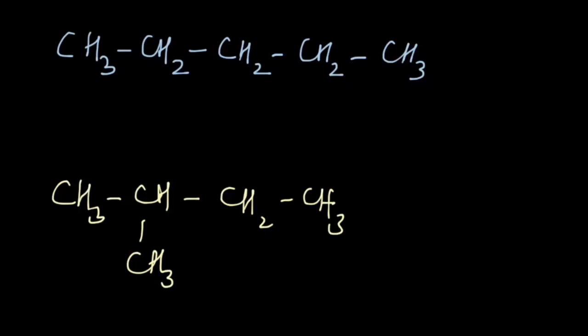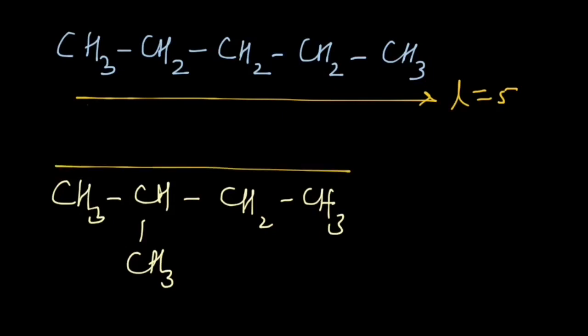In these two compounds, both have 5 carbon atoms and both have 12 hydrogen atoms. If I check the length of the parent chain for the first compound, it has a chain length of 5, whereas the second compound has a chain length of 4. Since the chain length is different, they are chain isomers. You can also verify this by writing their names. I leave that task to you.